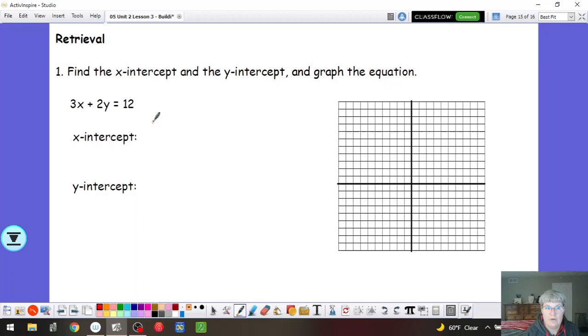So to find your x-intercept, you're going to replace y with 0 and solve for x. So we have 3x equals 12. Divide both sides by 3, and we have x equals 4, or the ordered pair (4, 0).